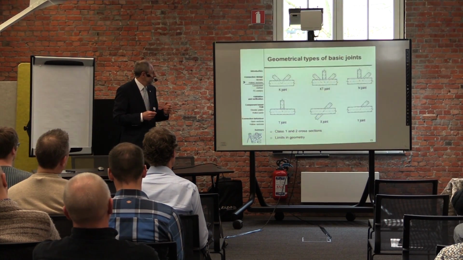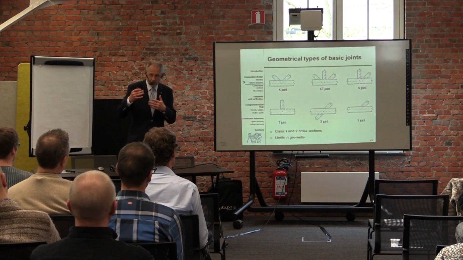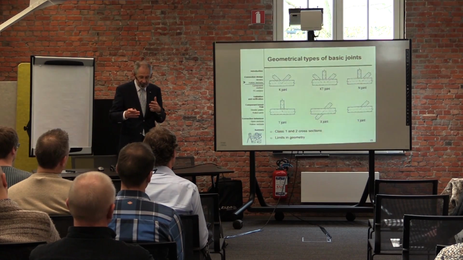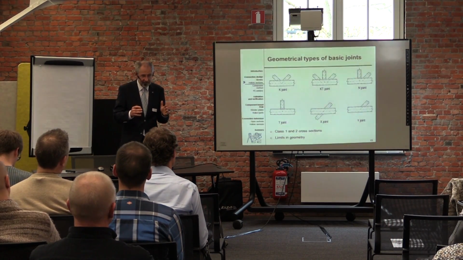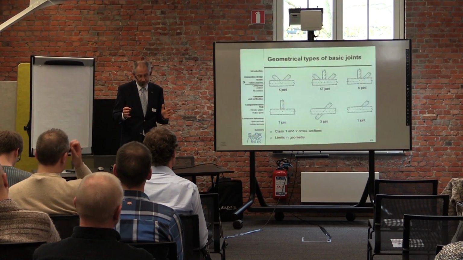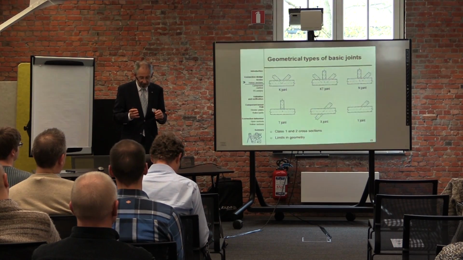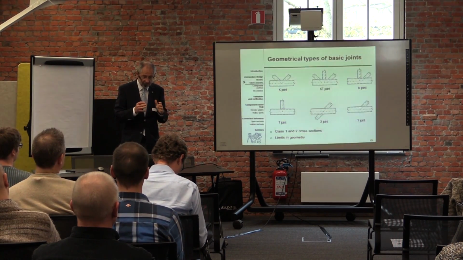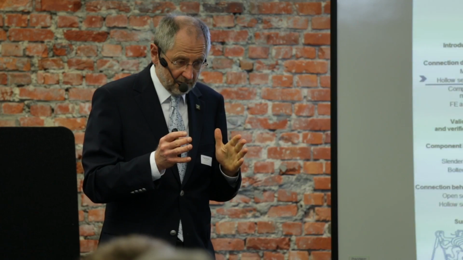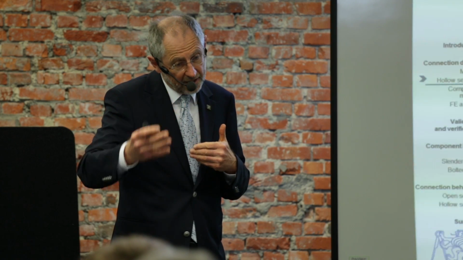Maybe you see it for the first time, but the procedure to come to the equations is that the joints are classified based on geometry: K joint, KT, N, and so on. And for limited geometry, these 7 equations are available.